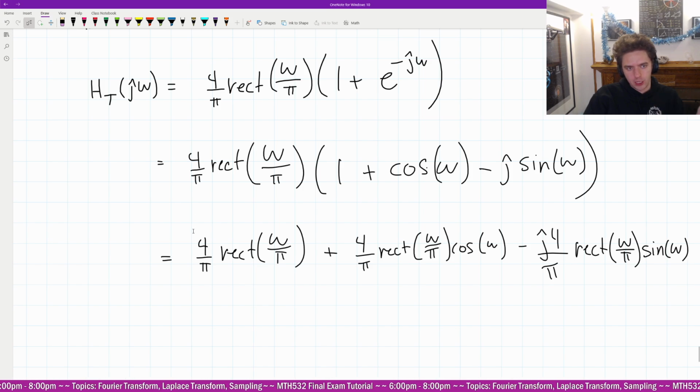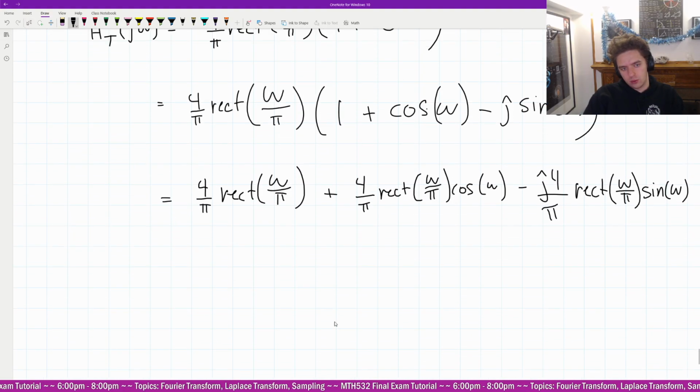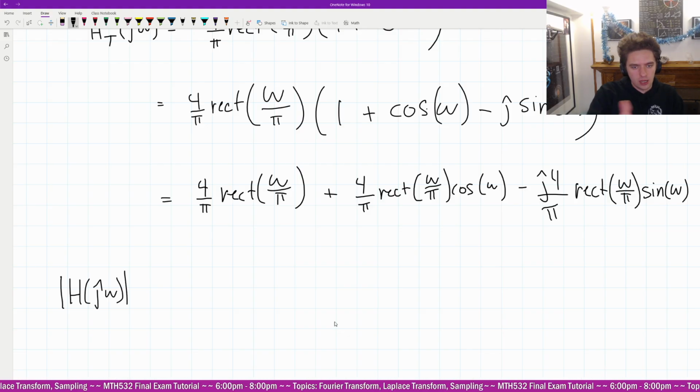So what's our real part? What's our imaginary part? Well, to find the magnitude, first of all, remember that this rect function is equal to 1 between two values. So the magnitude of H of j omega depends on if we're in that bound or not.